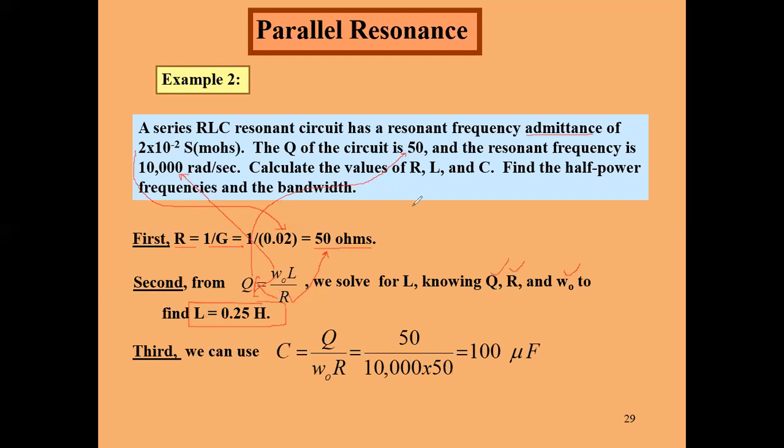And third, we are asked for C, also by a different formula. Q is equal to omega 0 C into R, so C is equal to Q divided by omega 0 R. Q is 50, omega 0 is 10,000, and R is 50. So that 50 cancels out, and the total value is 100 microfarad.